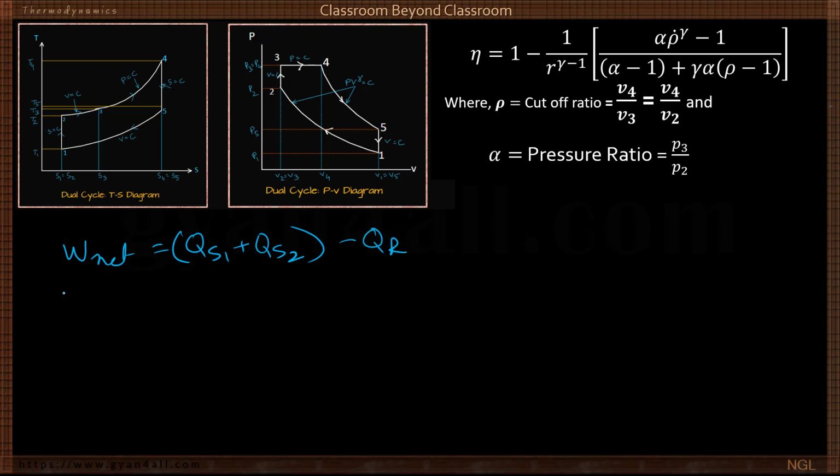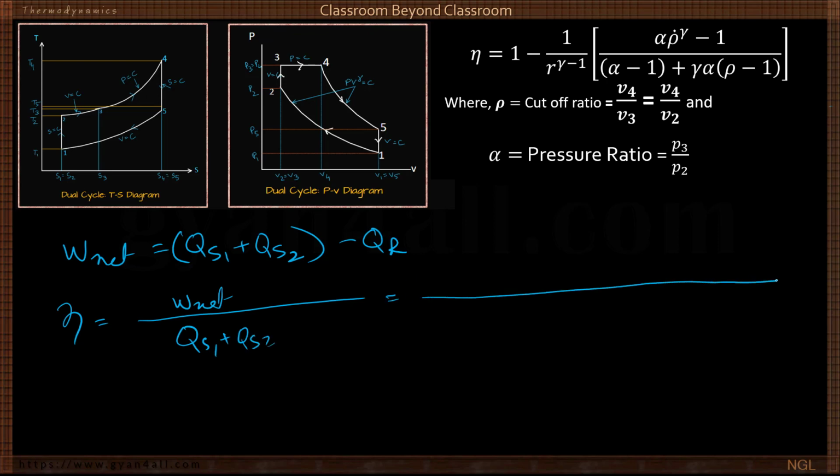And efficiency, how much? Efficiency of dual cycle is equal to W net divided by QS1 plus QS2 both. So if we put the values, then it will be what?